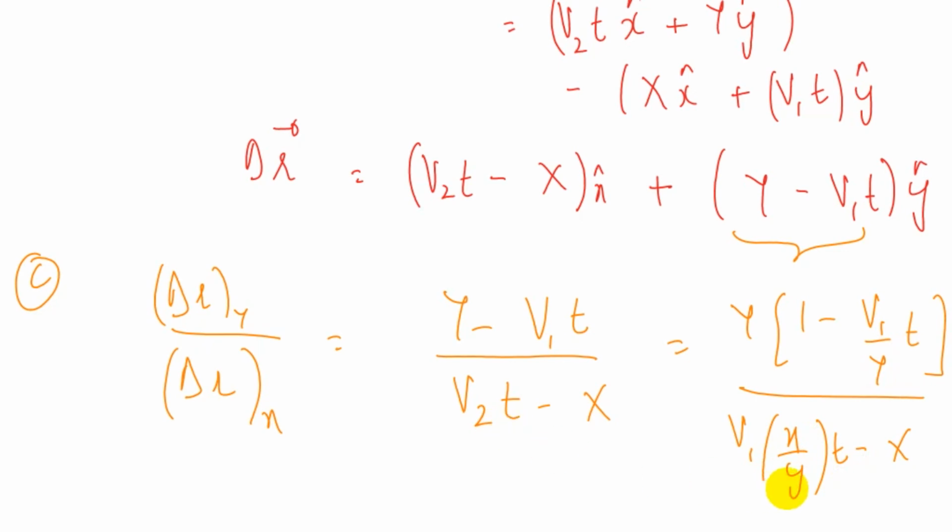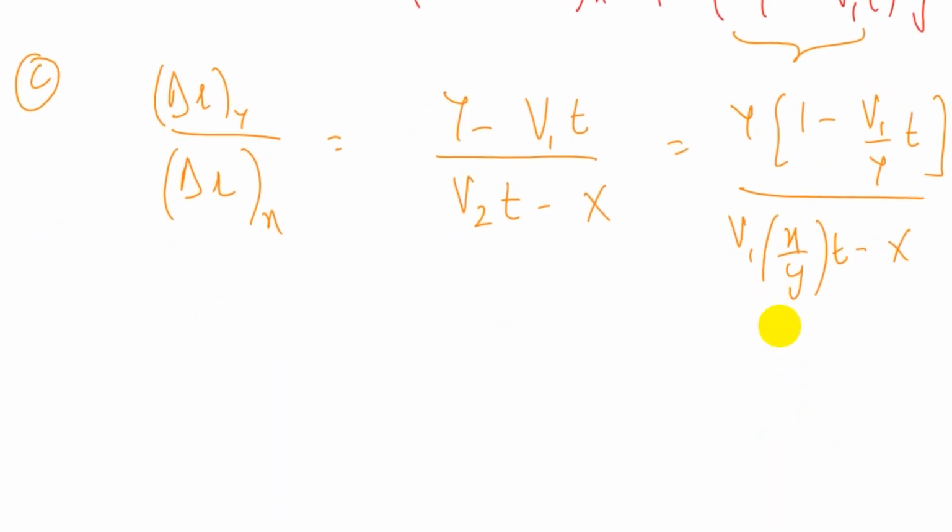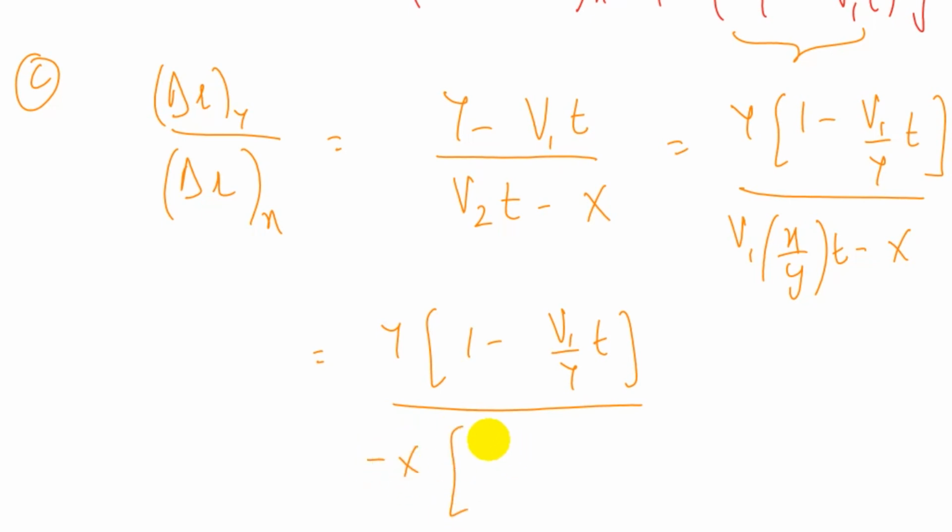Now take minus x common from the denominator. The numerator remains as it is, so y times 1 minus v1 over y multiplied with t, divided by minus x times v1 over y multiplied with t with a negative sign plus 1, because we have taken minus x common.